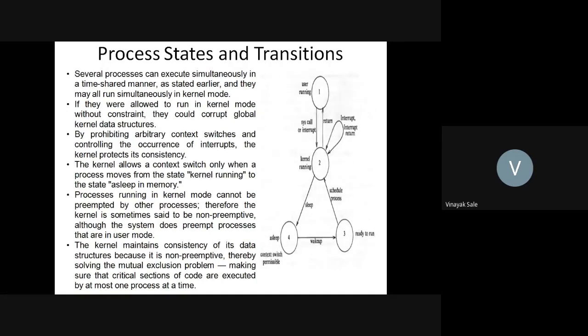The kernel maintains consistency of its data structures because it is non-preemptive, thereby solving the mutual exclusion problem, making sure that critical sections of code are executed by at most one process at a time.